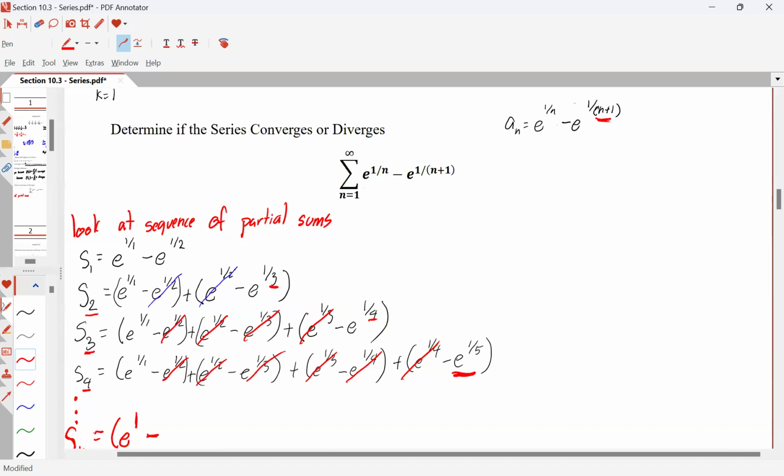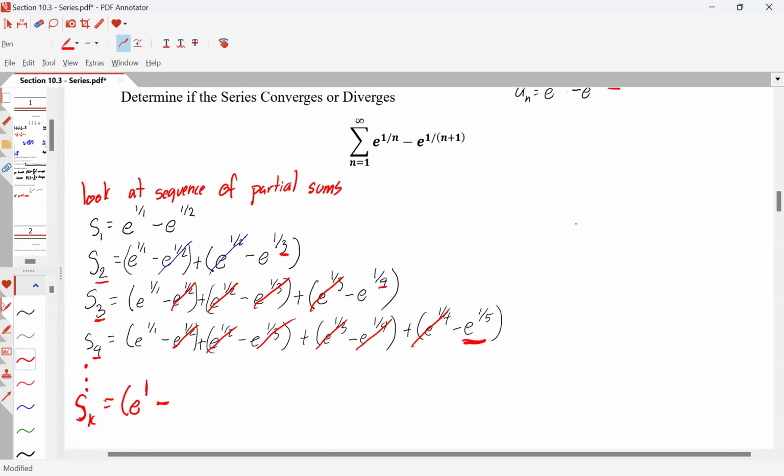So for the kth partial sum, the last thing that doesn't go away is the e to the 1 over k plus 1, since our variable is k. That is the definition for our sequence of partial sums.